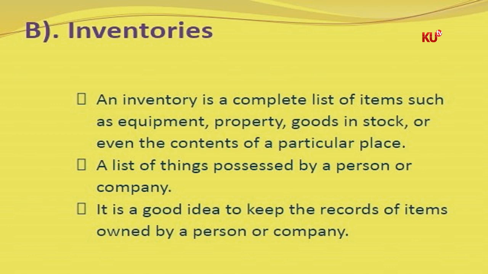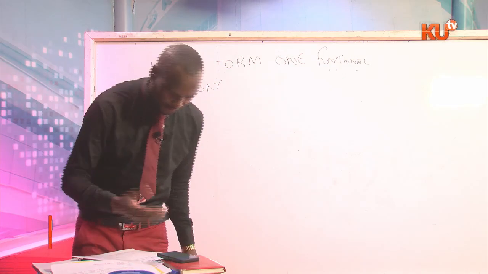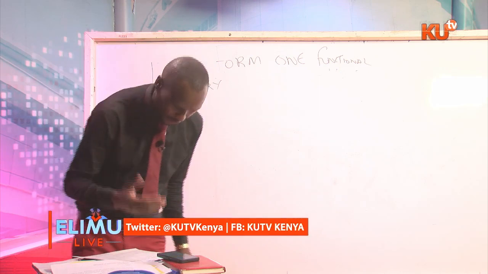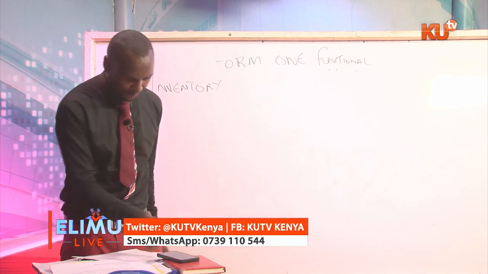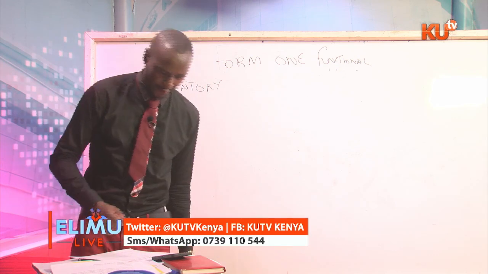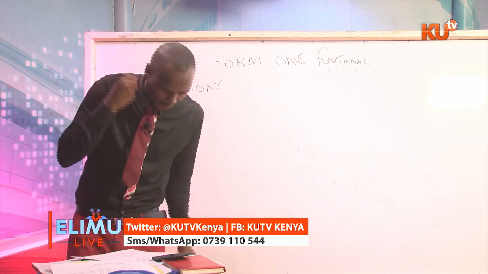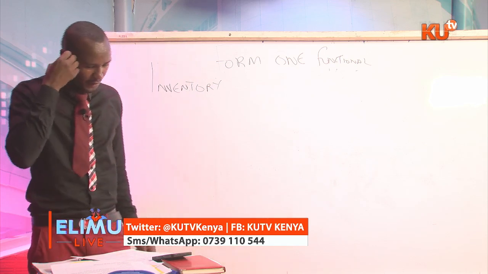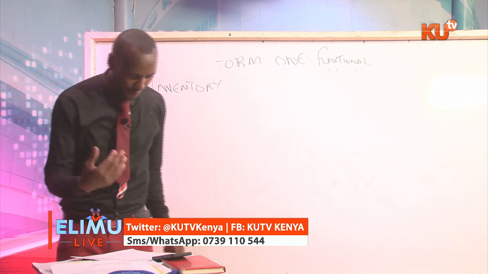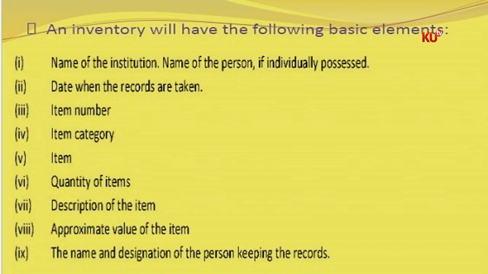You will have a sample inventory, with the name of the institution, the name of the person putting the inventory, the date when the records are taken, the item number, the item category, the quantity of items, how many are they, the description. I hope you can get a sample.